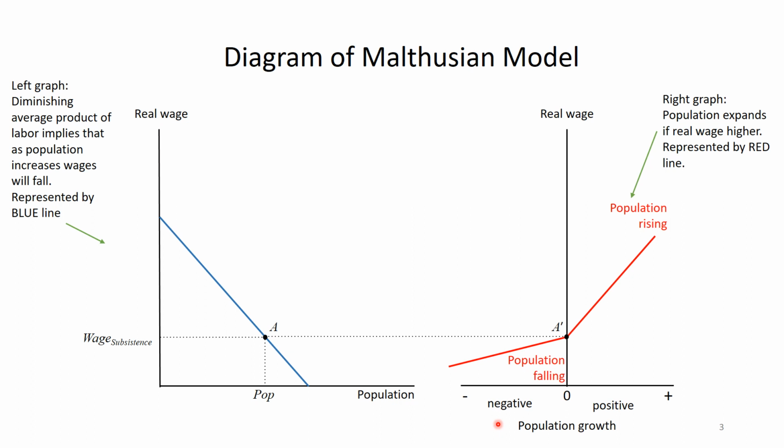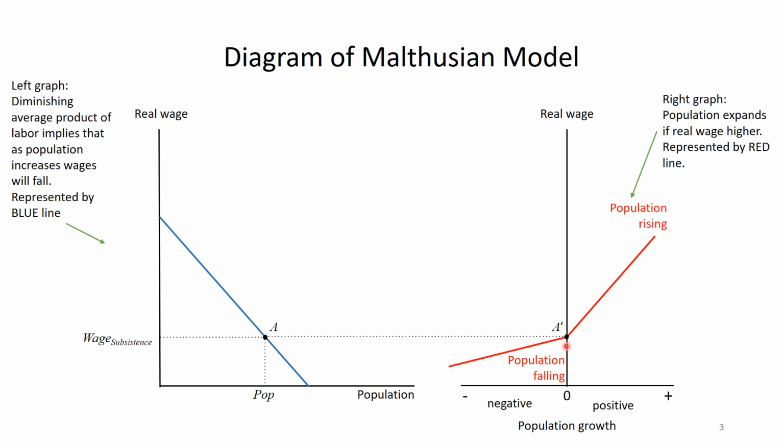You'll recall that when we're thinking about economic models, we're looking for the equilibrium, or the state of the system of economic variables where nothing is changing. In this Malthusian model, that happens when population growth is zero. If population is not changing, then wages are not changing either, and we are in an equilibrium.